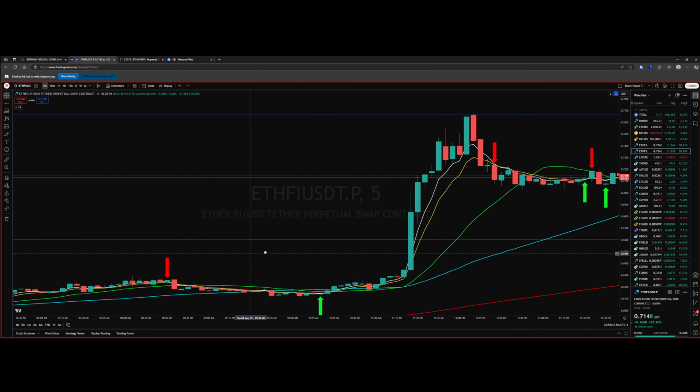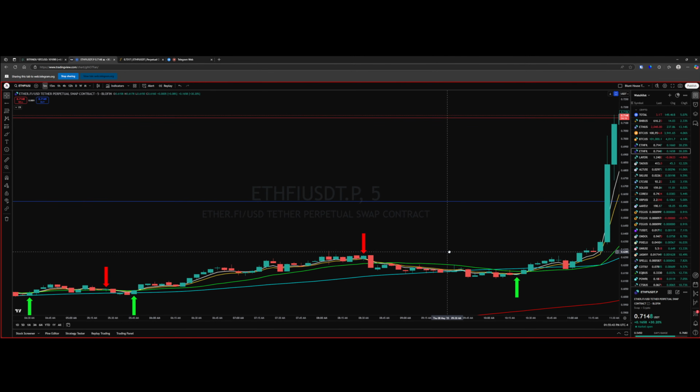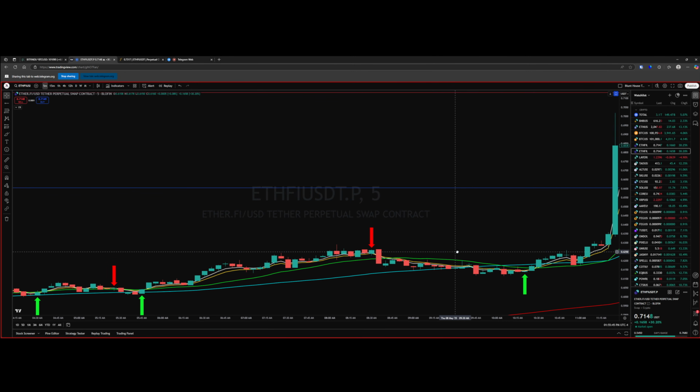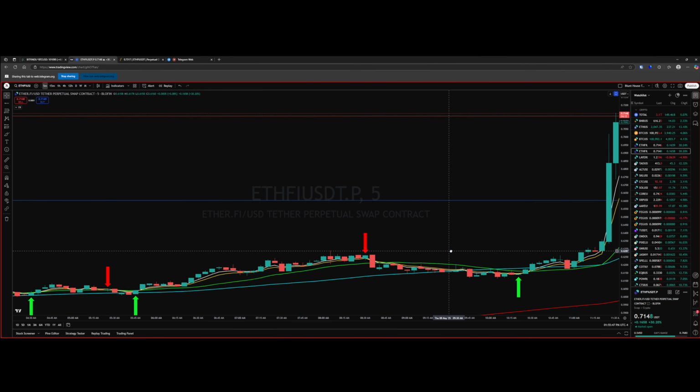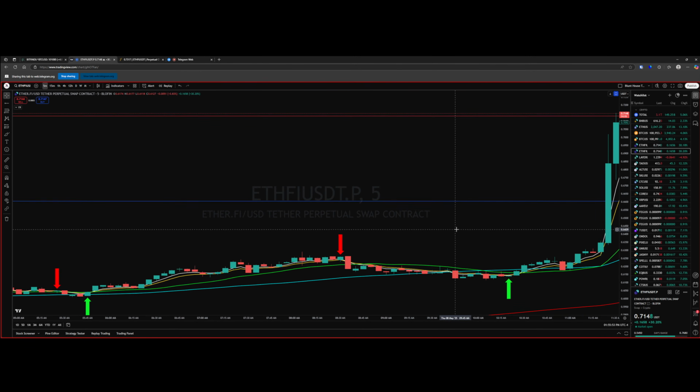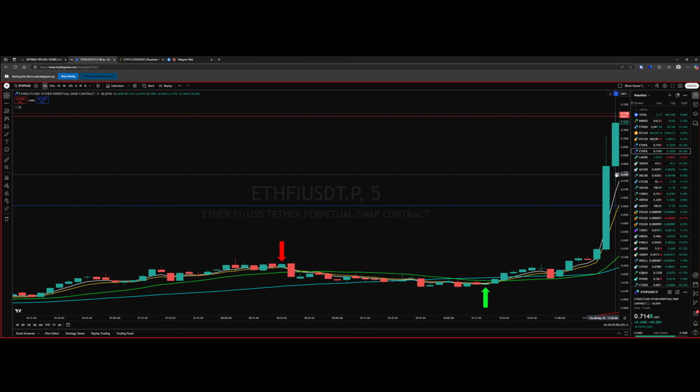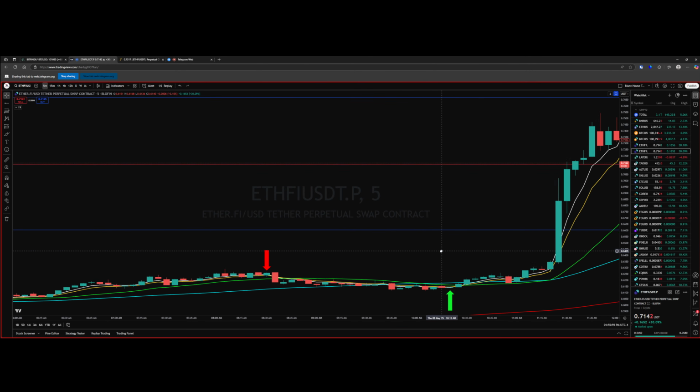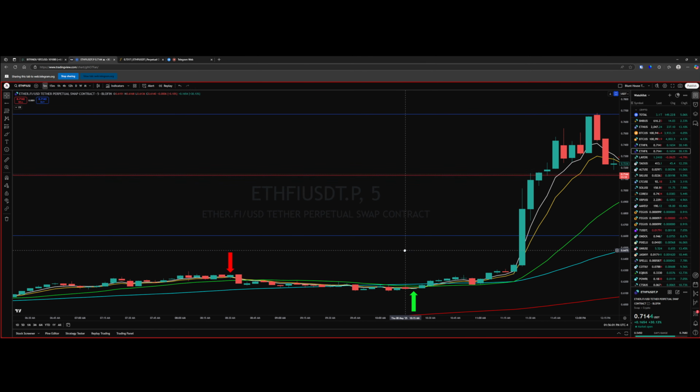But as a good example, let's say you got stopped out on this wick. Well, because your divergence is still intact on the trend, just get in again. Right?